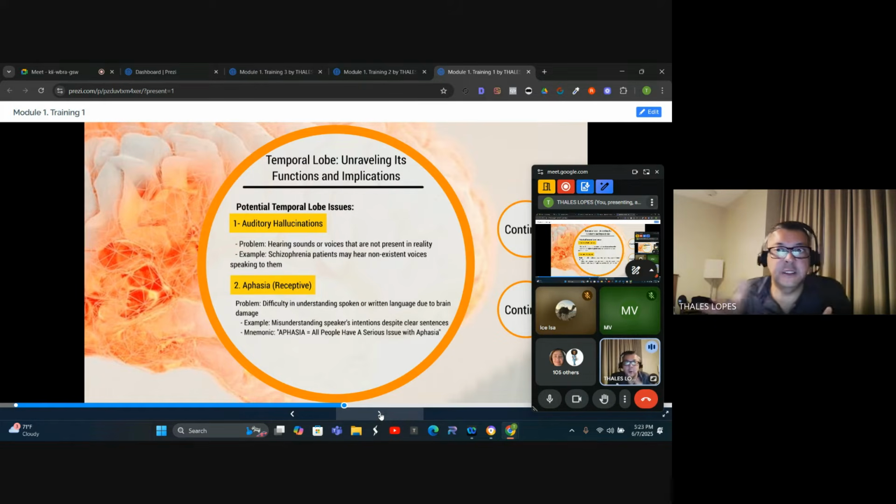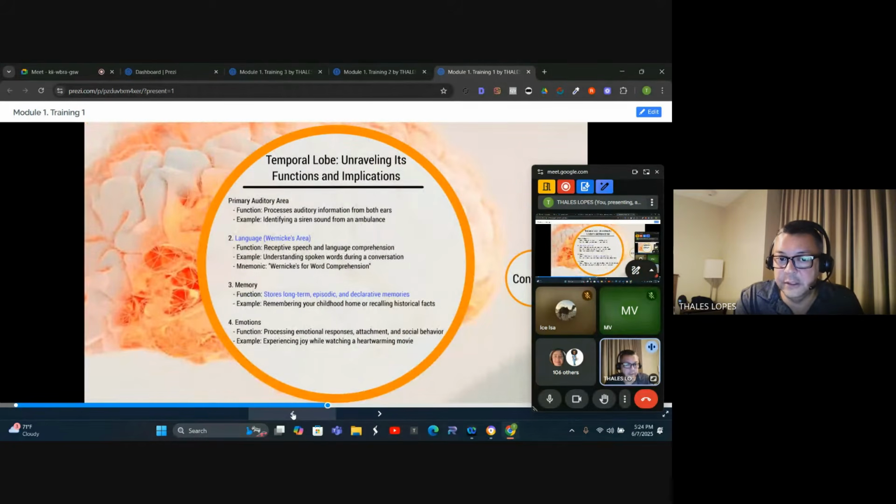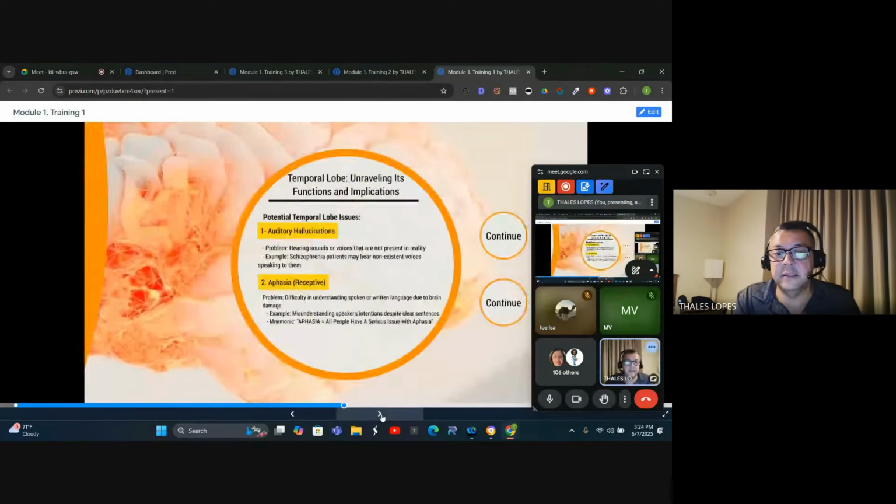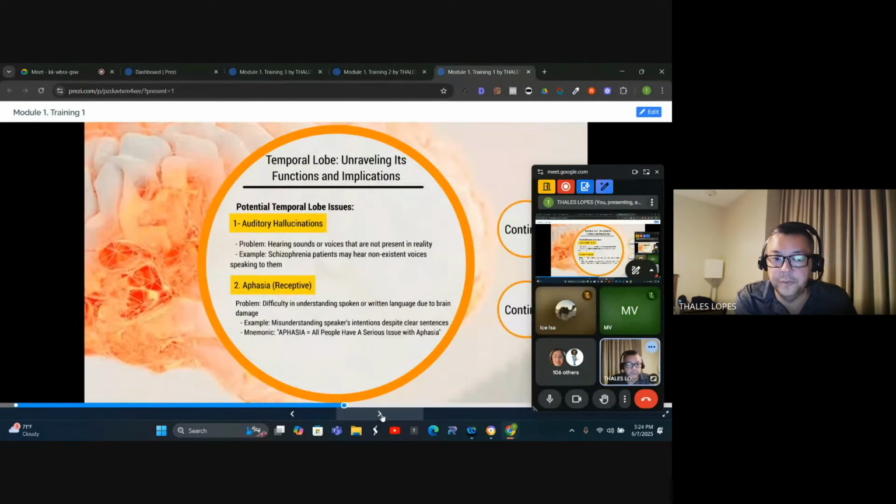If we say visual hallucination, then we would think of the occipital lobe. But if it's auditory, since understanding words would be the temporal lobe, language, right? Auditory hallucinations would be a temporal lobe.